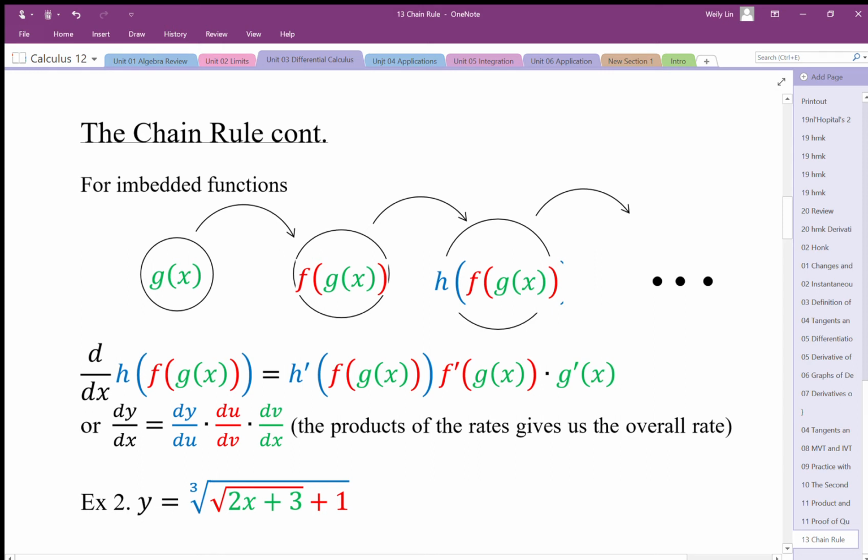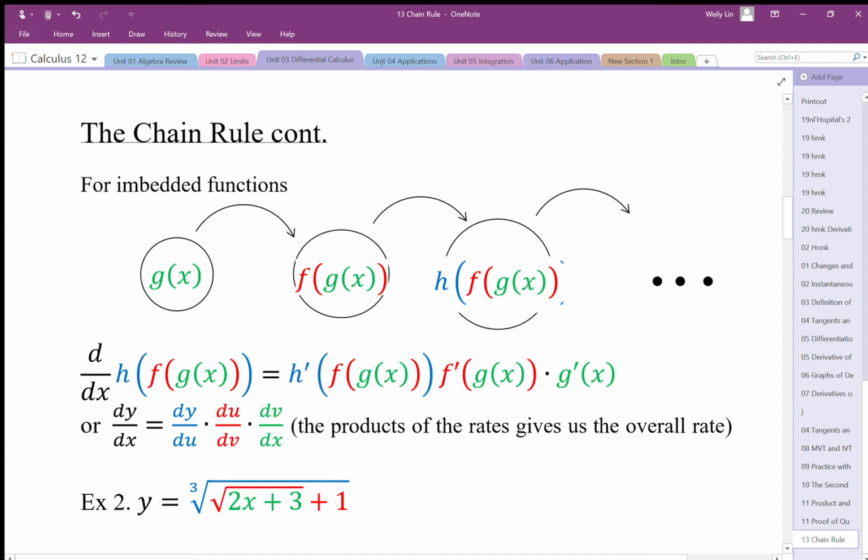Because we have this linking of how the inside affects the outside, the rates of change are affected accordingly as well. So this rate of change drives this rate of change, which drives this rate of change, and we can just multiply these rates together.